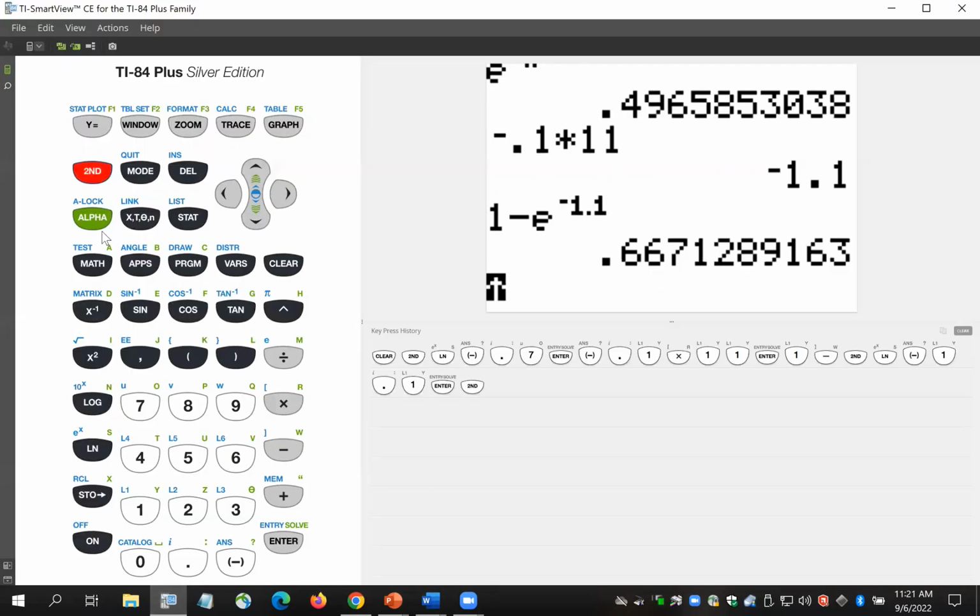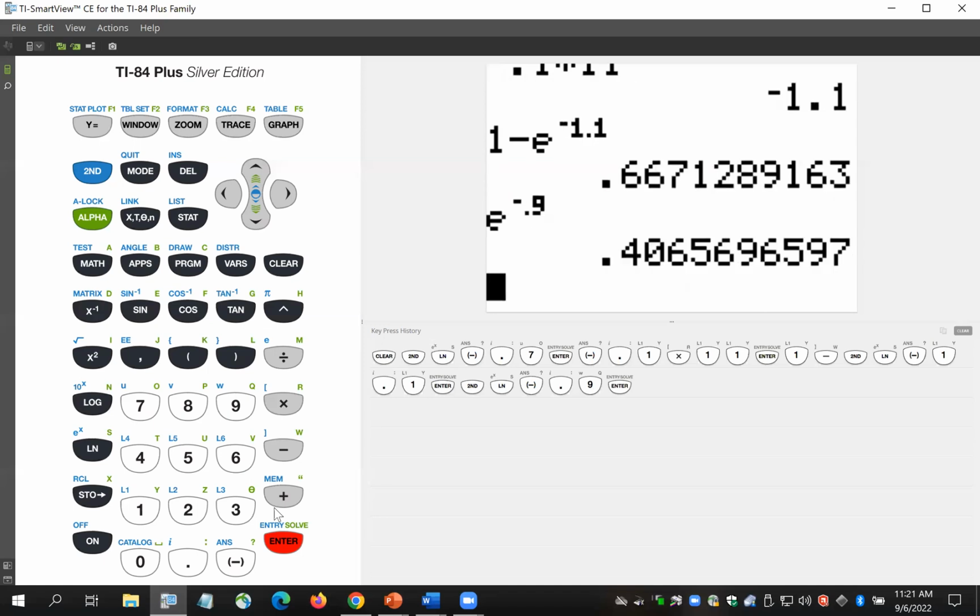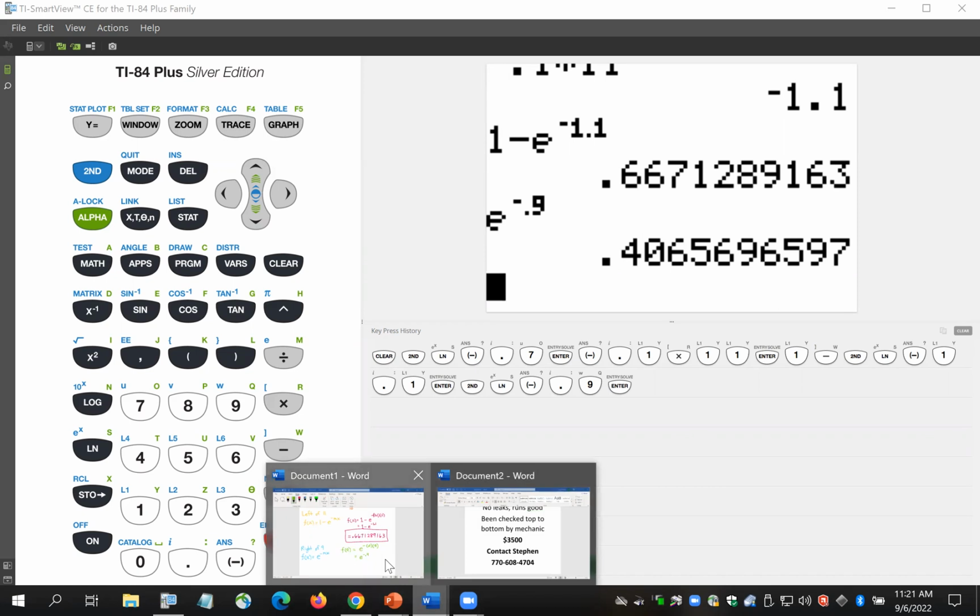So second e negative 0.9 gives me 0.4065696597. Okay, and again, I do want to carry those decimal places out till I get to the last step.